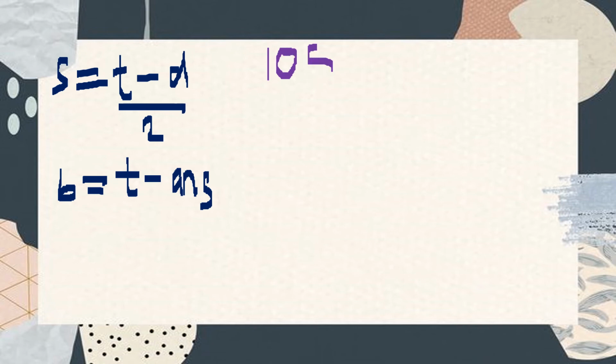The total number for 105 is 105 to the power of 2, and the answer is 11025. Is 105 an odd or even number? It is an odd number, right? So the white triangle is always bigger than the gray triangle.